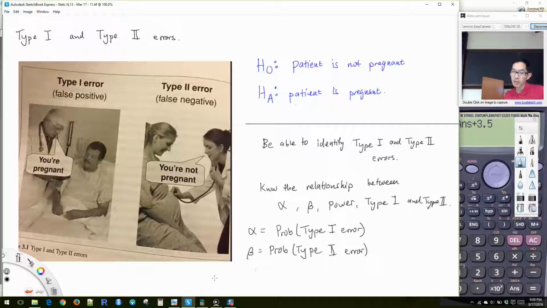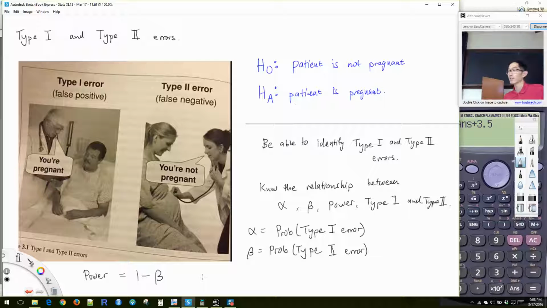Okay. So then I'll say power is equal to 1 minus beta. So whenever you do 1 minus something, and it's a probability, you get the probability of what?